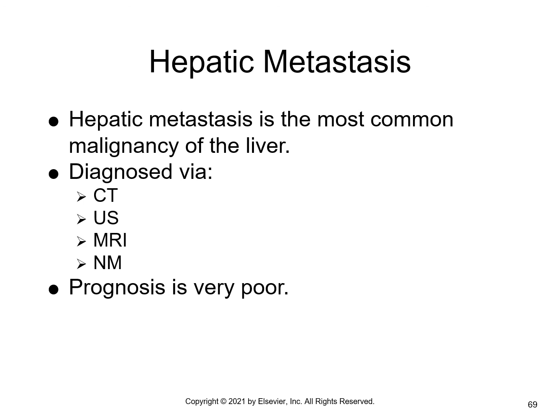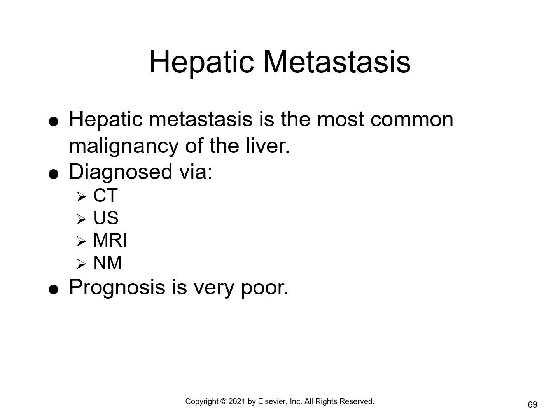So hepatic metastasis is really common because you're getting blood from all different organs that's being transferred into the liver. So hepatic metastasis of different types of cancers can be pretty common.